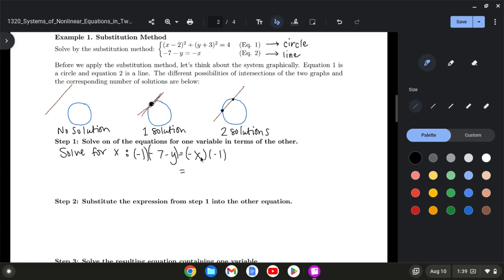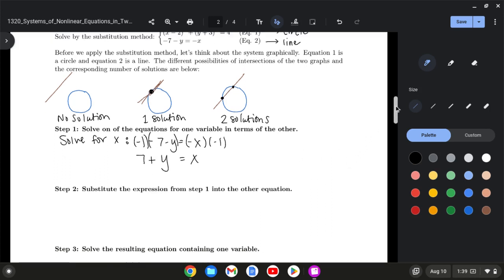When we do negative 1 times negative x, we now have our positive x. On the left-hand side, make sure you distribute. So negative 1 times negative 7, we get positive 7. And negative 1 times the negative y, we get positive y. So here is our new equation.